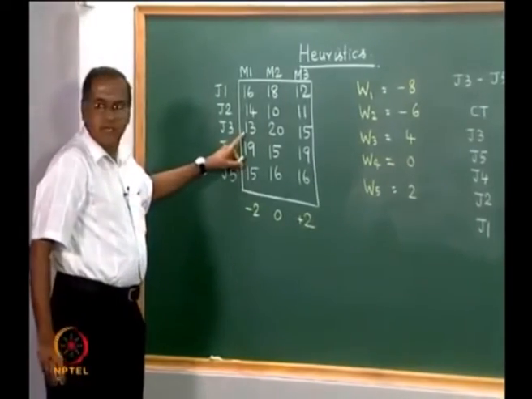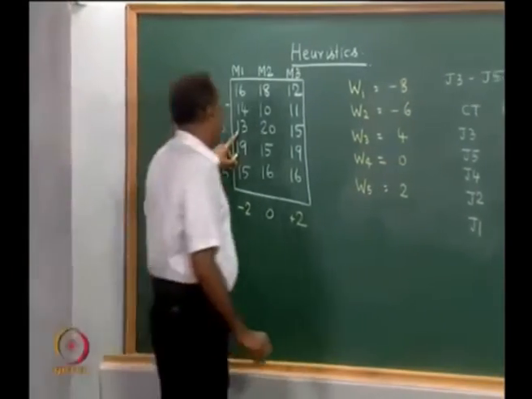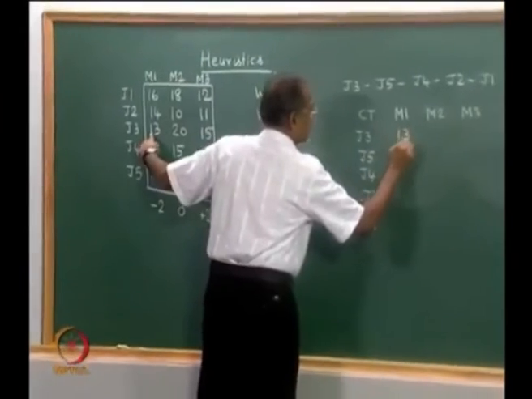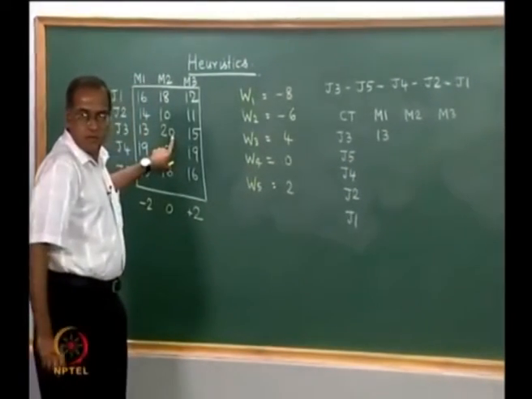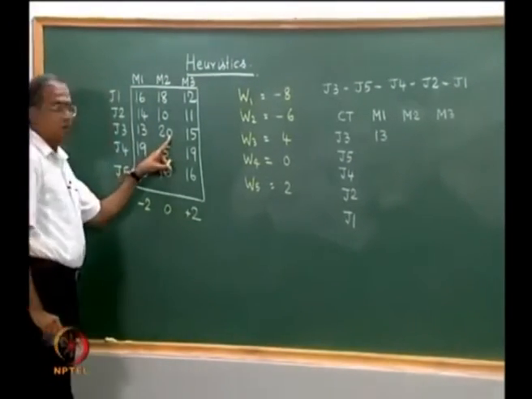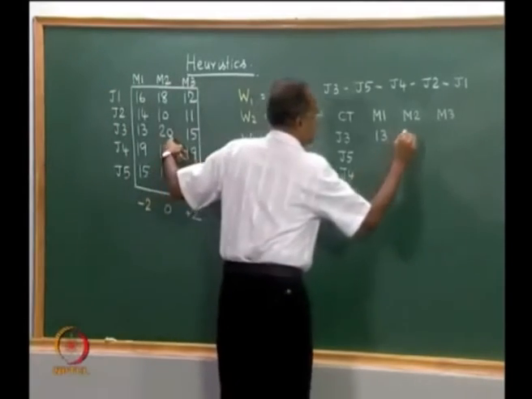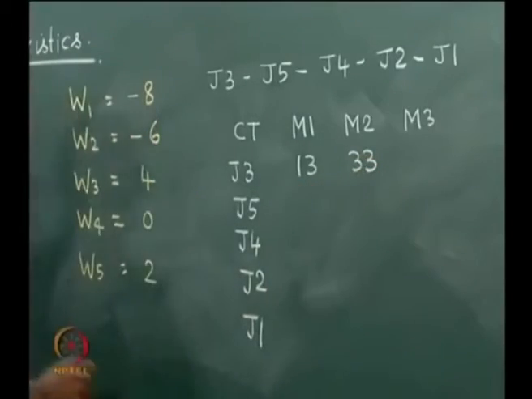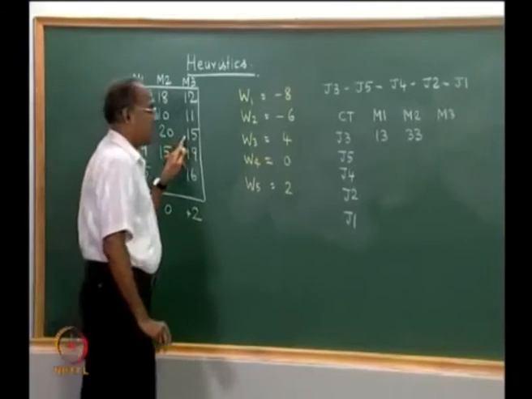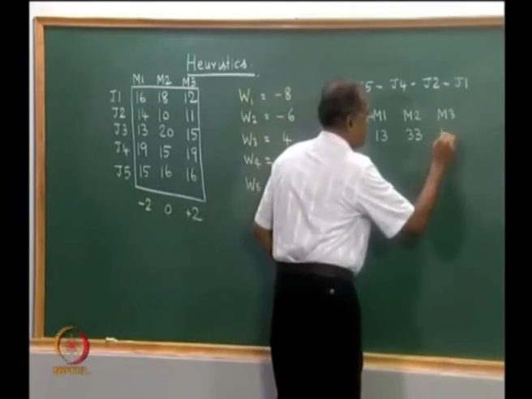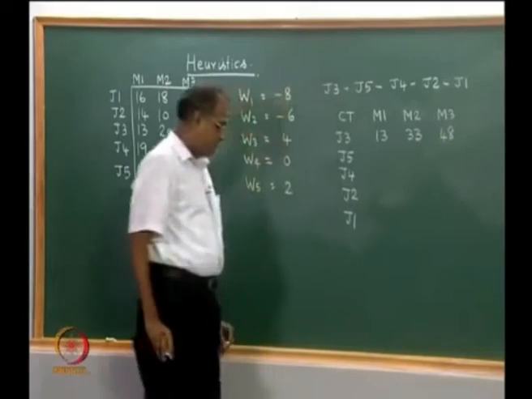J3 starts at 0, finishes at 13, now goes to M2 at 13, takes another 20, so finishes at 33, now goes to M3 at 33, takes another 15 and finishes at 48.